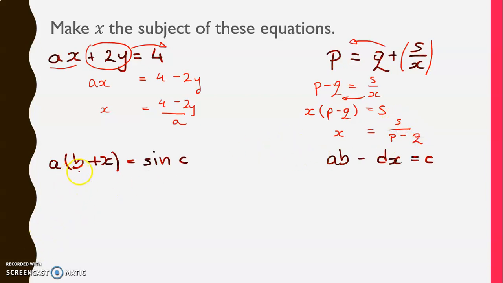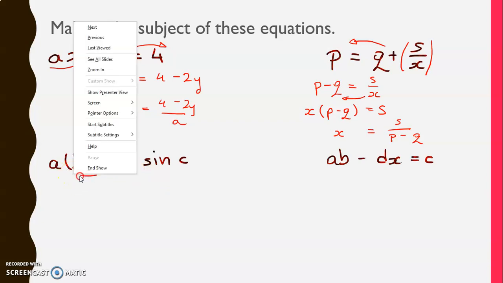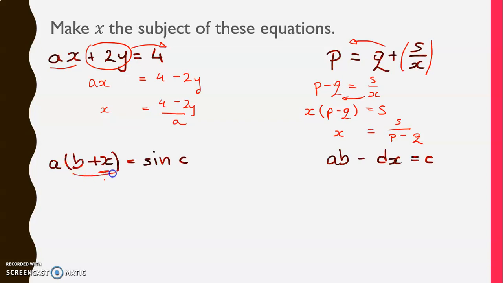In this next example, in the third example, we have a times b plus x equals sine of c. Well, again, we want x to be the subject, so we are going to isolate for the time being b plus x. So b plus x will be equal to sine c divided by a. Why divided?